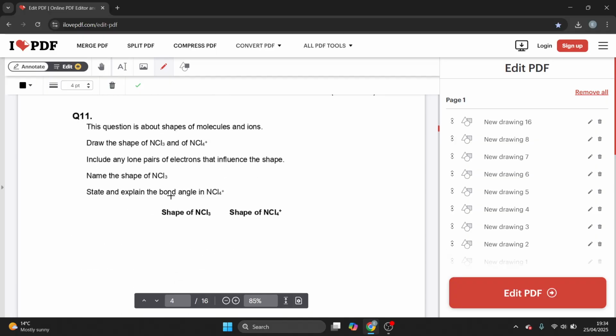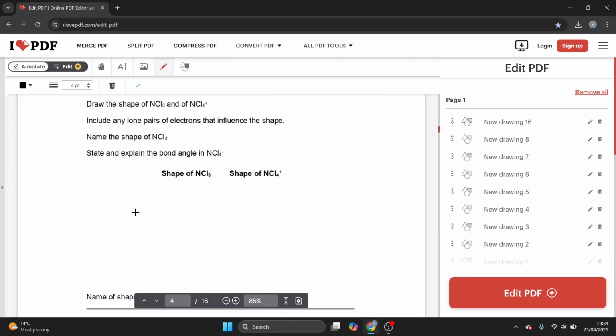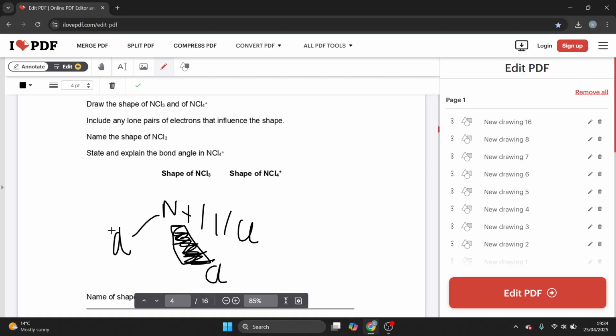Question about shapes of molecules. Draw the shapes of NCl3 and of NCl4+. Well, NCl3, you've got nitrogen, and then you've got Cl, Cl, Cl. Now the thing about nitrogen though, it's going to have this lone pair of electrons, nitrogen in group 5, bonded to 3 atoms.